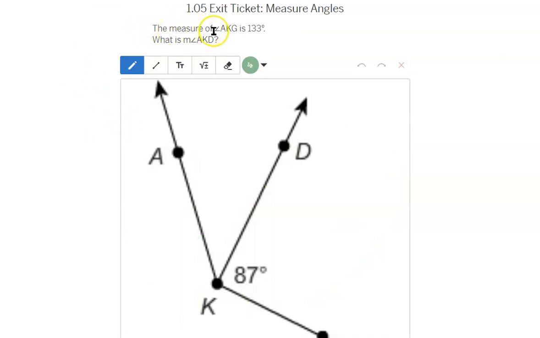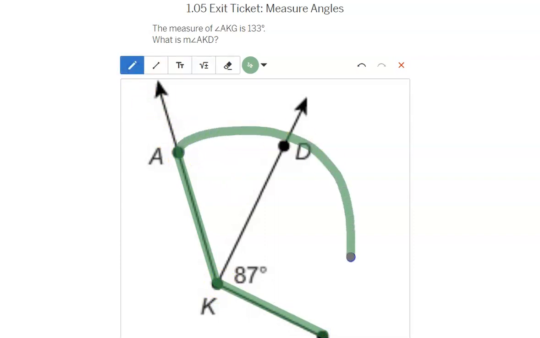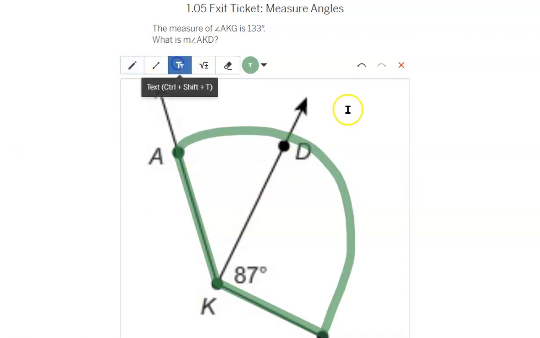The measure of angle AKG is 133 degrees. What is the measure of angle AKD? Okay, so let's do some notations here. Notice that we have A to K to G. So that tells me that this entire thing is 133 degrees.